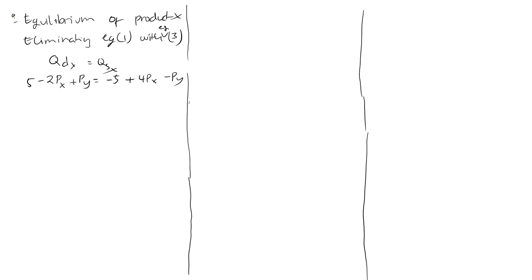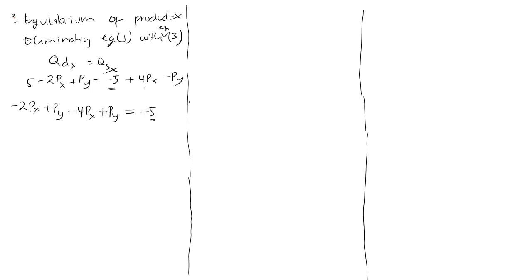Now collect all the px's and py's on the left side and only the numbers on the right side. So the 5 here goes to the right, and the 4px and py over here go to the left. The minus 2px stays on the left side. Then this plus 4px goes here, becoming minus 4px. Then minus py becomes plus py, equal with minus 5 over here.